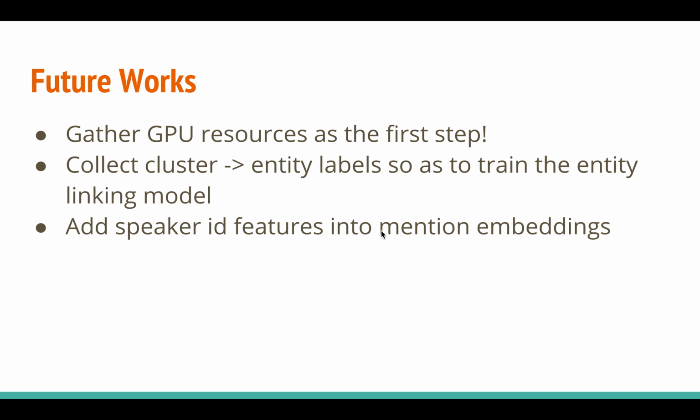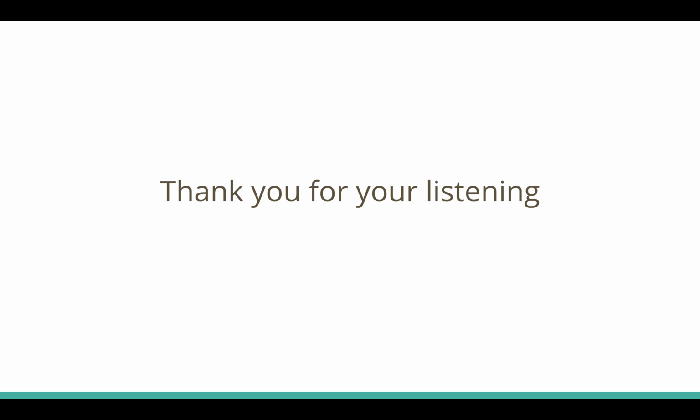In the future, if we gather more GPU resources, we can collect cluster to entity labels to train the entity linking model end to end, and add some speaker ID information into the mention embeddings. If we have time to do that, we think we will get much better results. So thank you for listening.